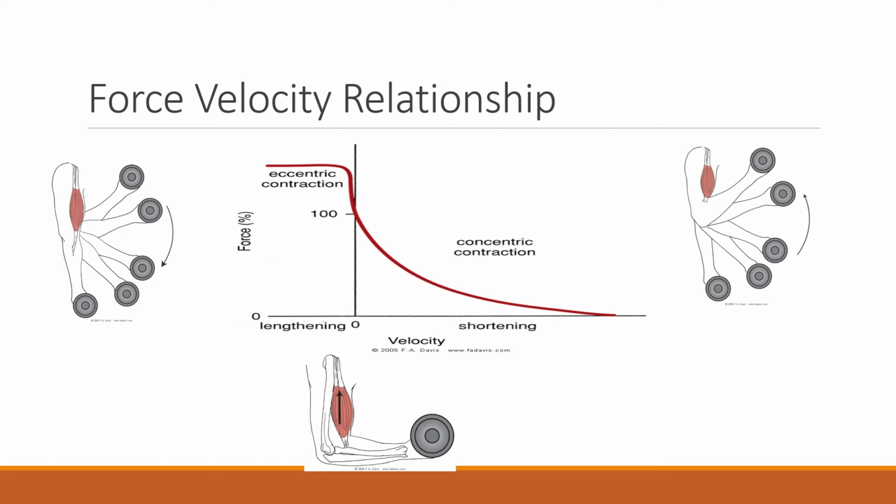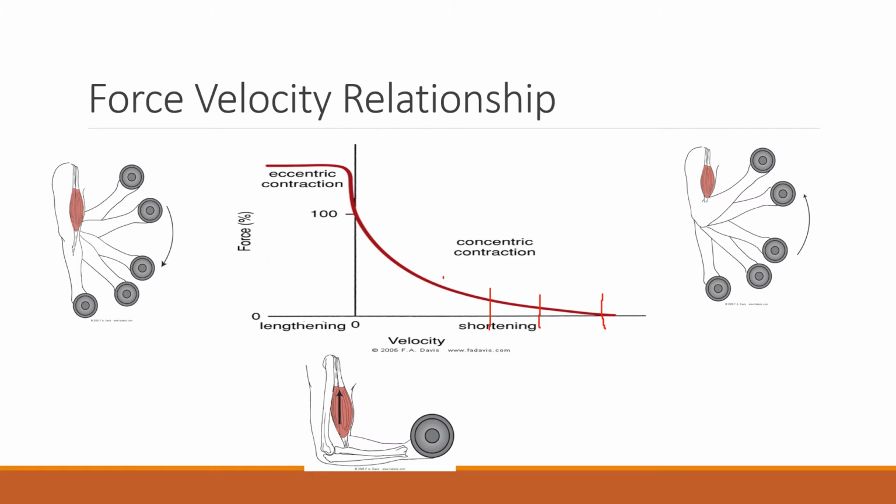Over here on the right end of the curve is very rapid concentric muscle activation. That is to say that your muscle is shortening, and shortening very rapidly. As your velocity slows down, you're able to generate more and more tension, as we see.